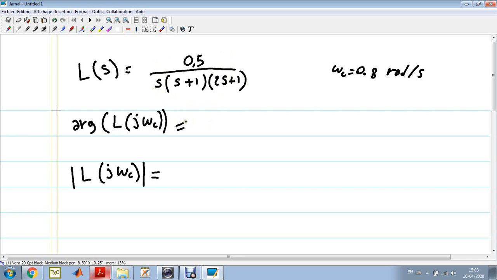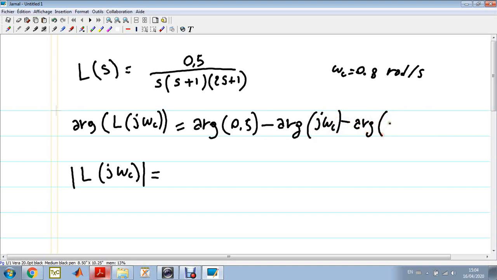So basically the argument of this is the argument of 0.5 minus the argument of s, which is replaced by j omega c, minus the argument of j omega c plus 1 minus the argument of 2j omega c plus 1. Okay, this is the argument of a positive scalar. It is 0, if you remember the drawing we have done in the second class probably.